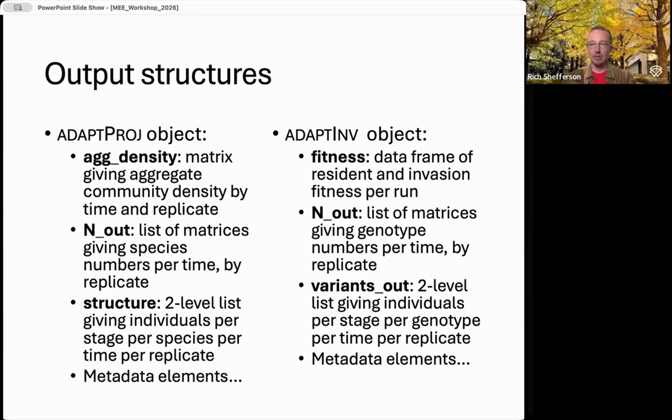So each list element is a replicate. And then variance out is a 2-level list giving individuals per stage, per genotype, per time, per replicate. So like structure. If you run the elasticity analysis as a part of this, it'll have a 4th element that will give you a data frame giving you the elasticity results to show you where the trait optima are.